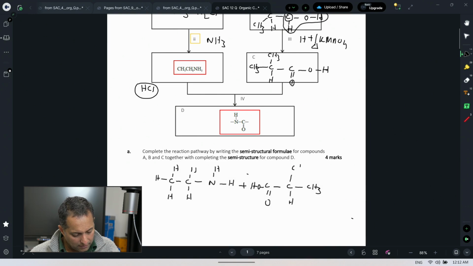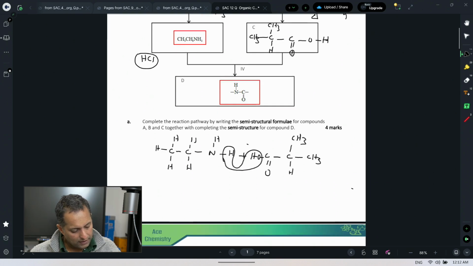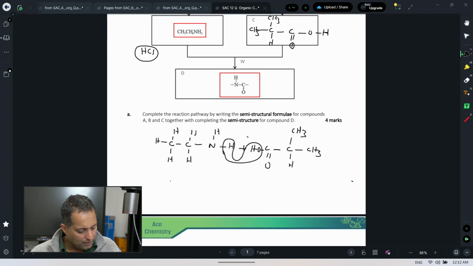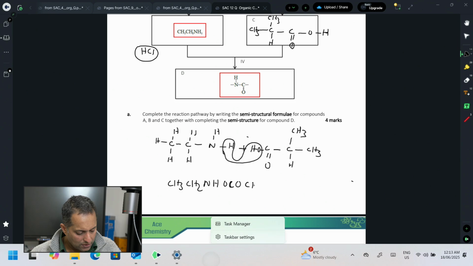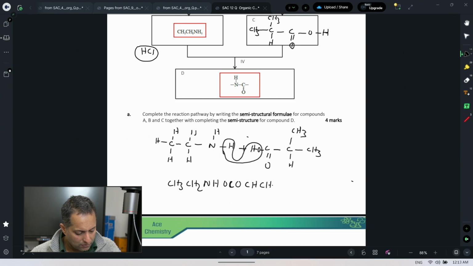Now look, it's a condensation reaction. You see that? So then CH3, CH2, NH, OCO, CH, CH3, 2.